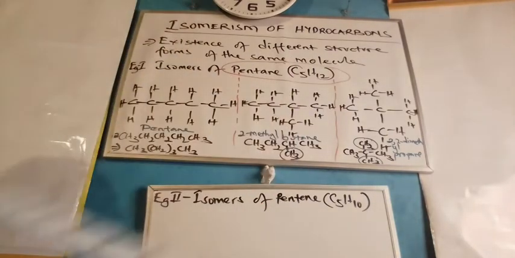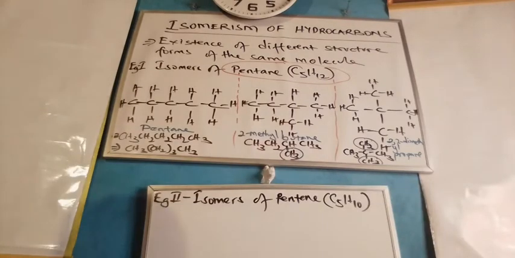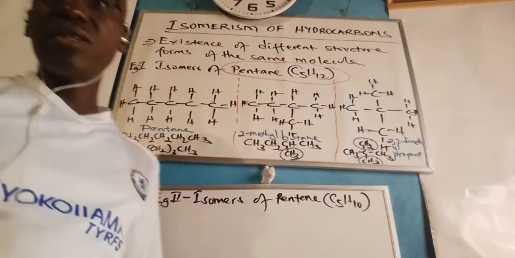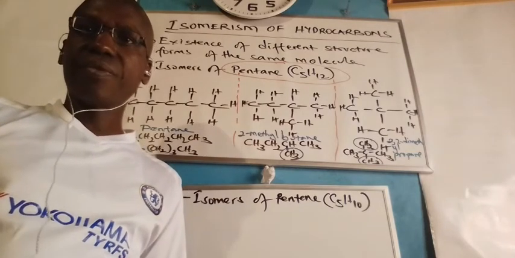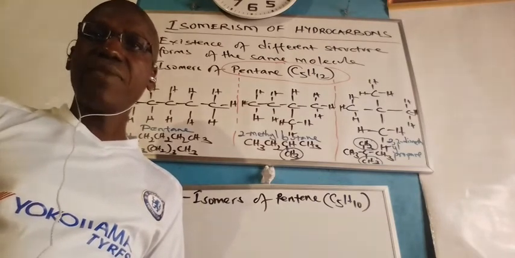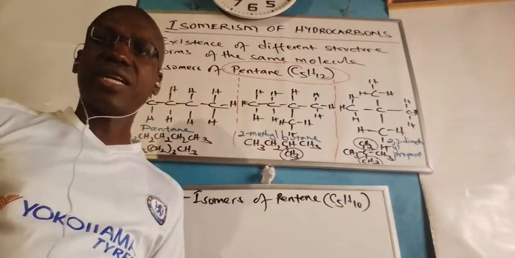Therefore, structural isomers are different structures of the same molecule which differ in respect to the arrangement of carbons in each structure.